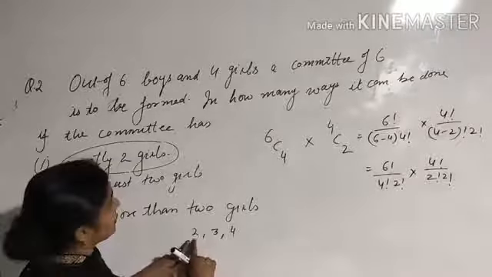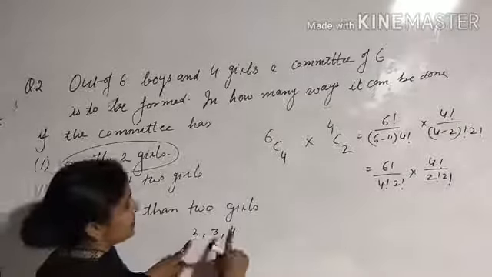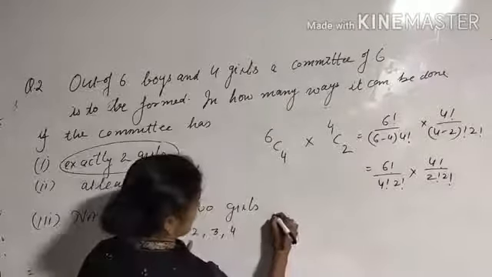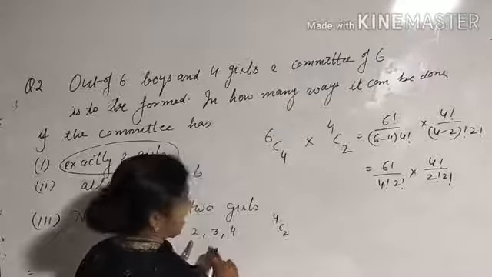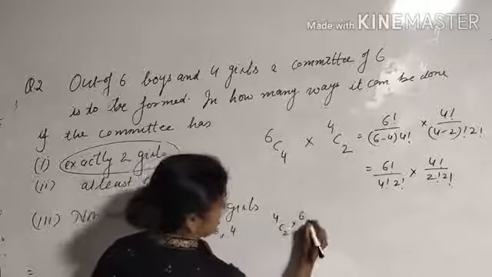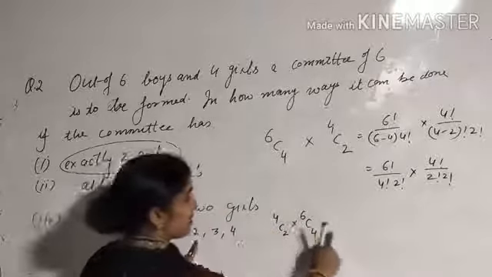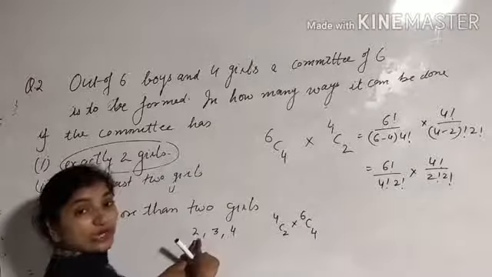So, in case of 2 girls, we must have 4 boys. So it's 4 C2, 2 girls and 4 boys. Right? This is the number of ways when we have 2 girls.